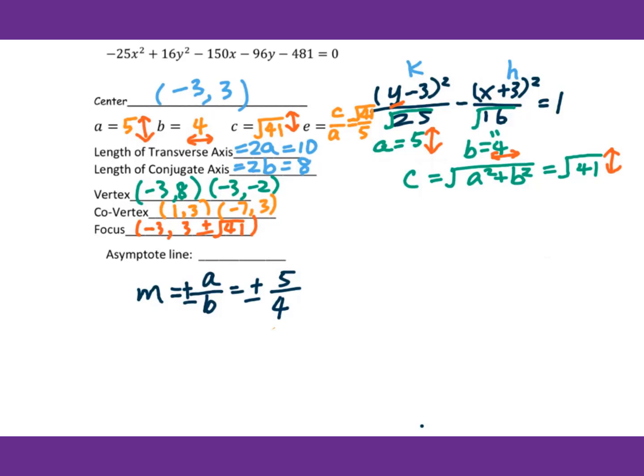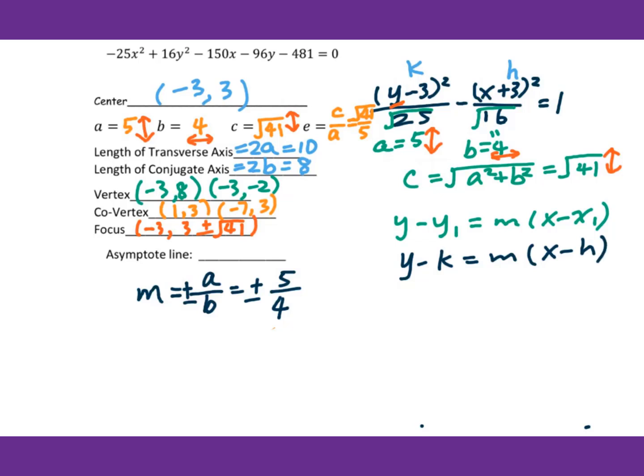Using the formula y minus y1 equals slope times x minus x1. We know h, k, that is x1, y1, so we get y minus k equals slope times x minus h.